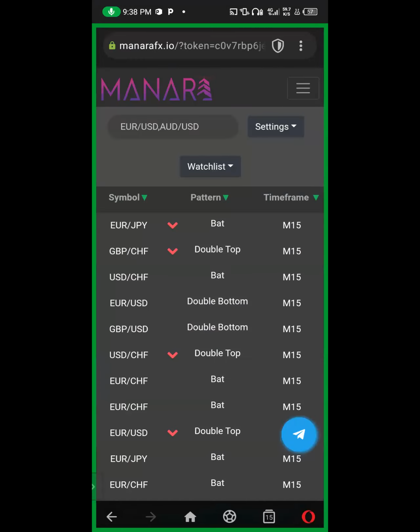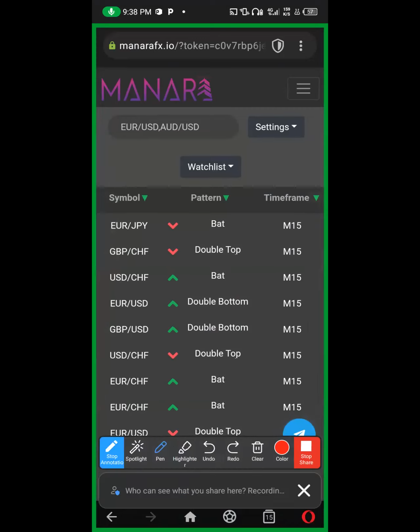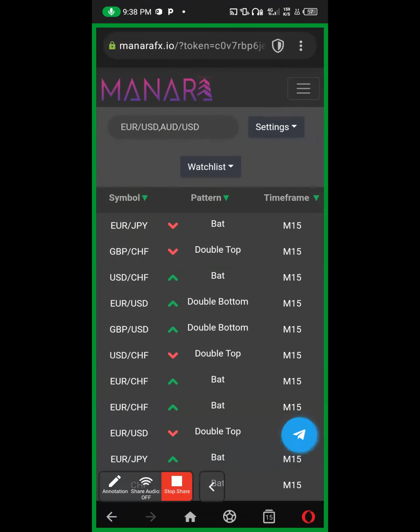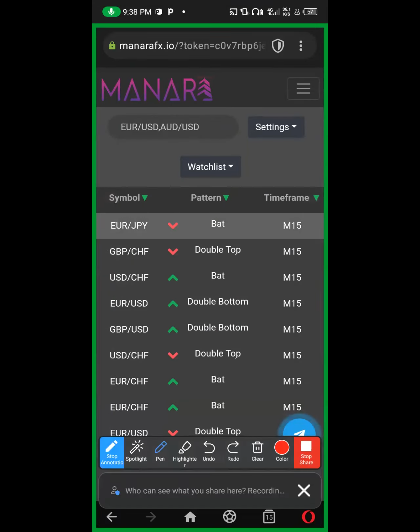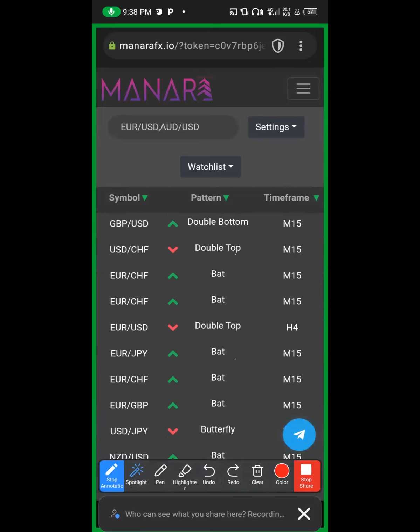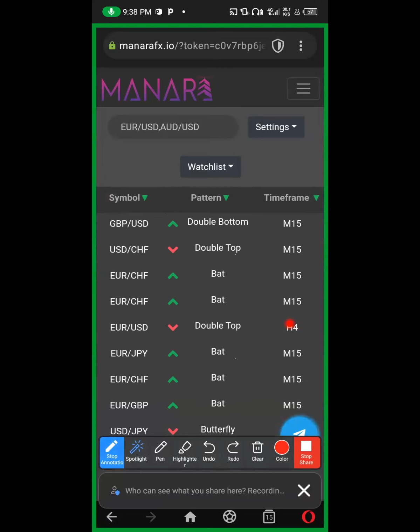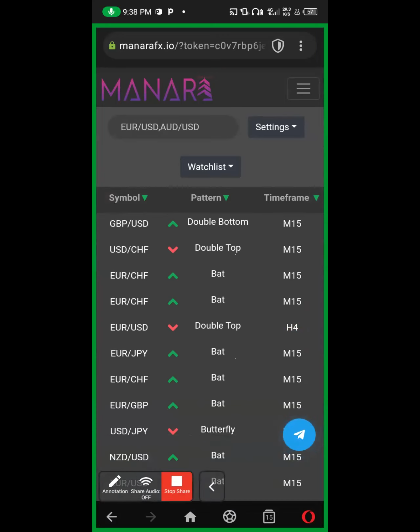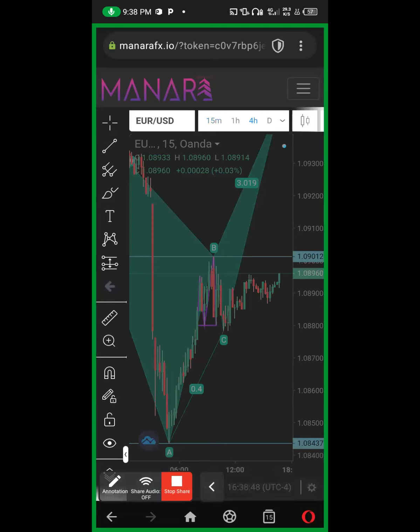So when you see 15 minutes like this, these are 15 minute trades, all these ones, you take in and out, you don't wait too long. But when you see 4 hour, you can take 4 hour for 50 pips and above. Hope we understand that part.